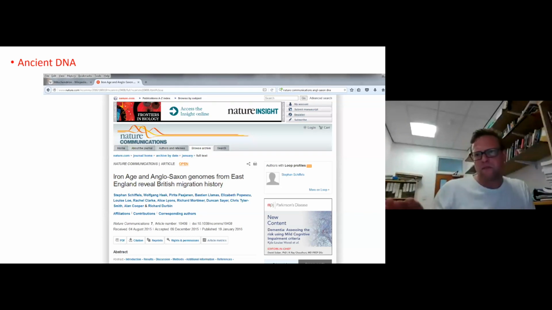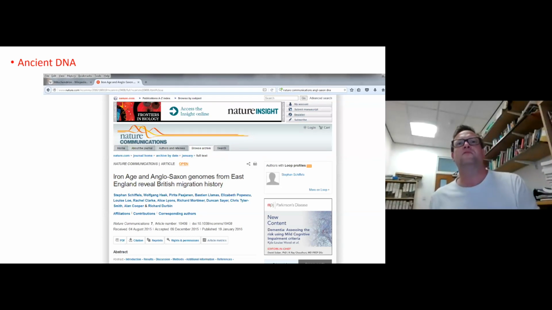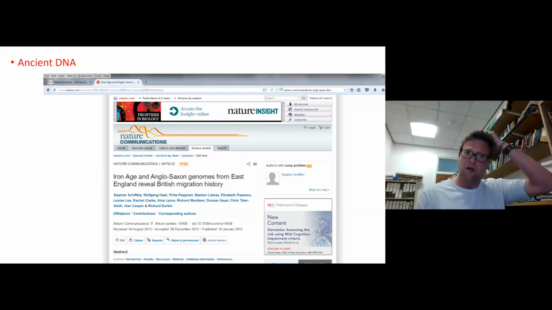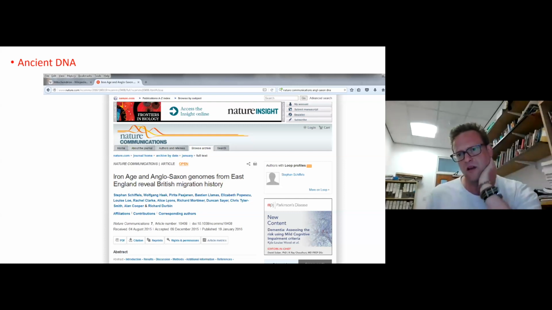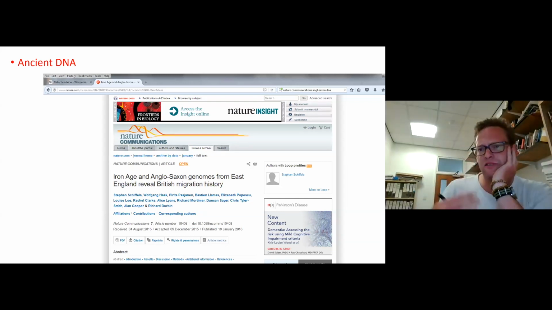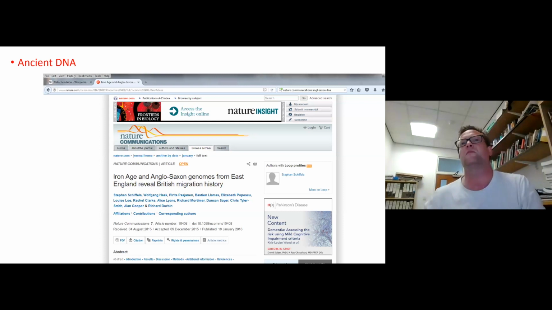Into that landscape, into that conversation, comes the first successful attempt to look at ancient DNA. And I was able to supply some of the Oakington samples to this project, which was very nice. This was carried out by the Sanger Institute in Cambridgeshire, and Stefan Schiffels, a collaborator I've worked with across a number of these papers now, was a postdoc at that time.